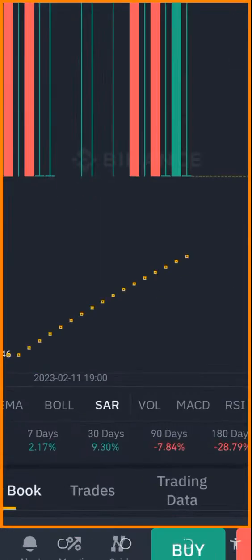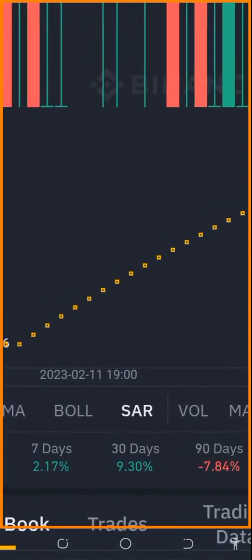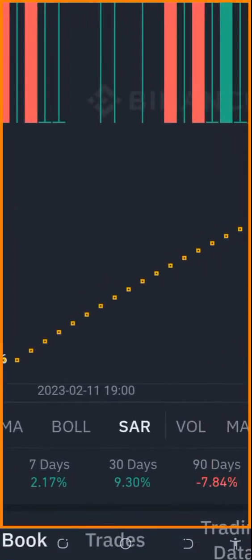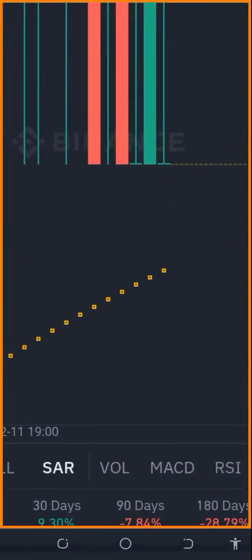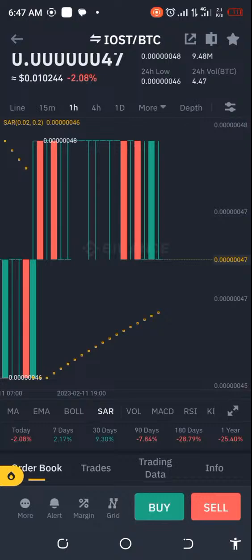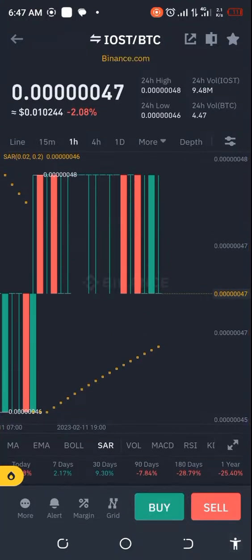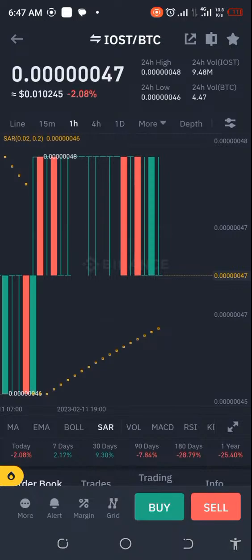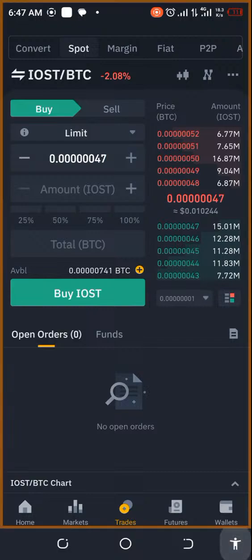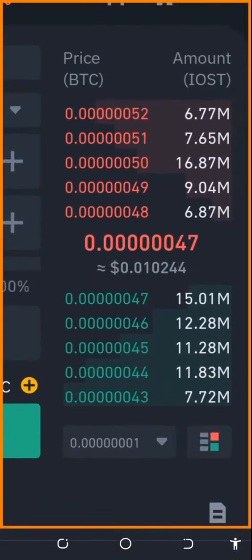But look at the base: the parabolic SAR is still in the upward trend, so it was definitely still going to climb up. But currently the price is at 0.000047, when at the time we placed it, it was 0.00048. That's going to take some good time, probably another 4 hours, and I don't think I had that amount of time to waste.